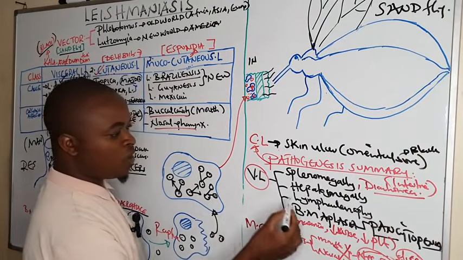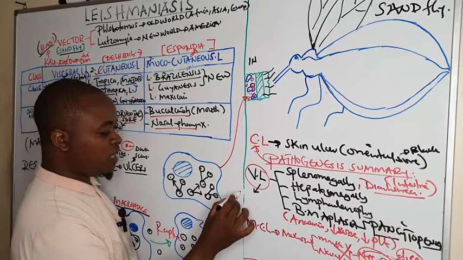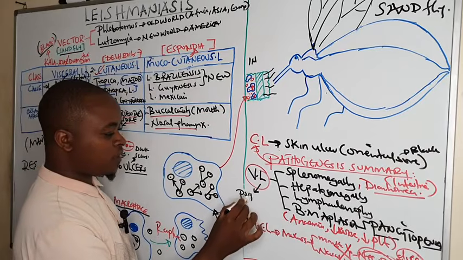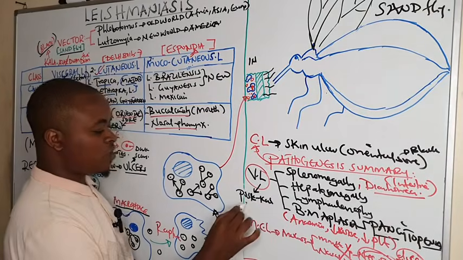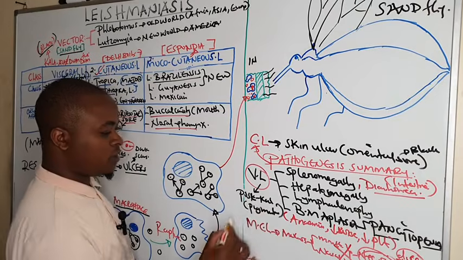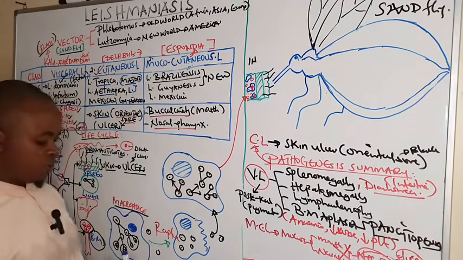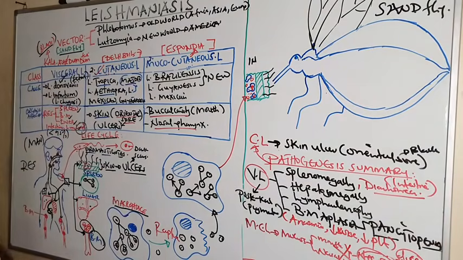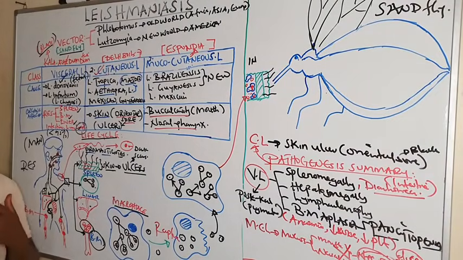And even we saw under visceral, after treatment, they result into what we call post-kala-azar dermal effect due to black pigmentation of the skin. This is after treatment. So this is what we can talk about the life cycle in man, who is acting as a definitive host. But the reserve hosts can also be cats, rodents, and other things.